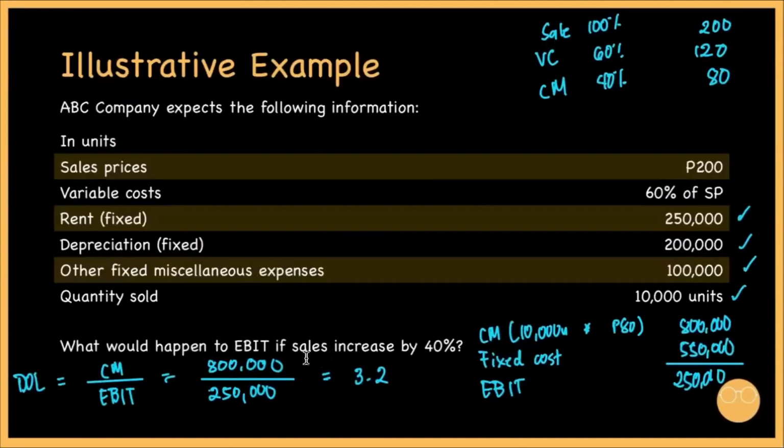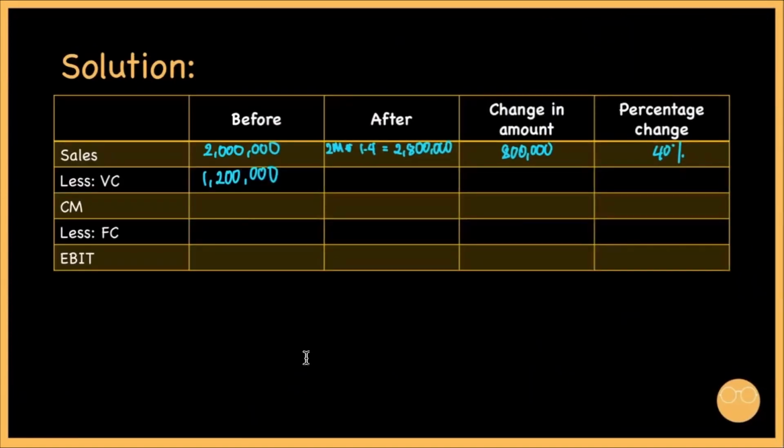Since sales will increase by 40%, our total variable cost will also increase by 40%. So you multiply 1.2 million pesos by 140%, and you get 1,680,000.